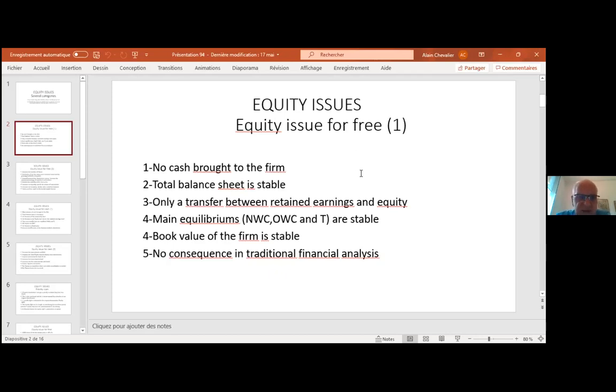And if all these elements are stable, all the main categories of calculation of equilibriums are stable, that means that the book value of a firm is stable. There is no change in the book value. You can have a modification, perhaps, in the market value, but no modification in the book value of a firm.